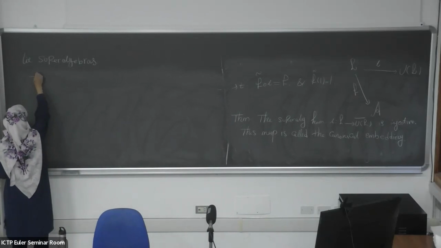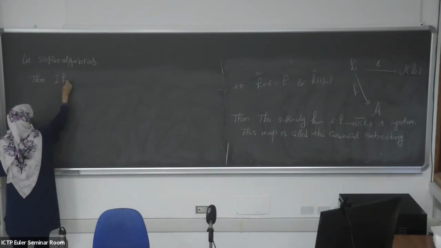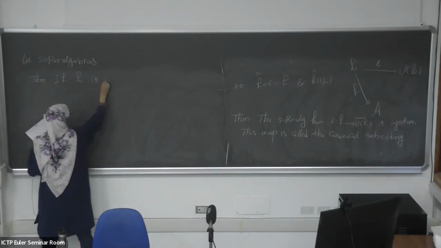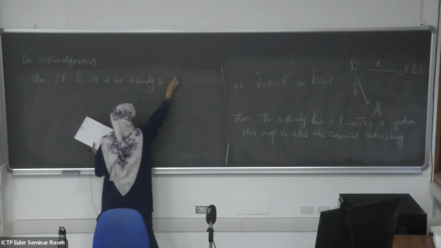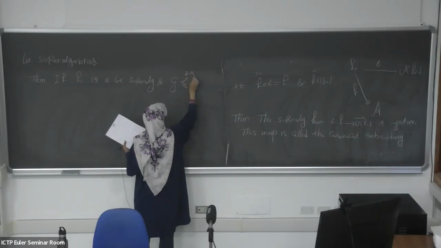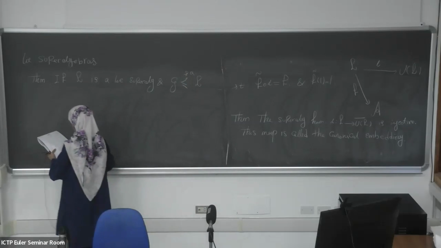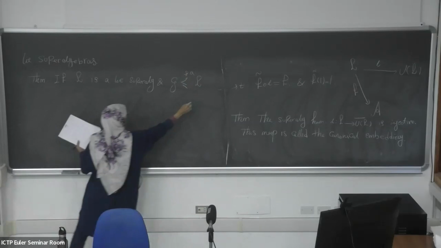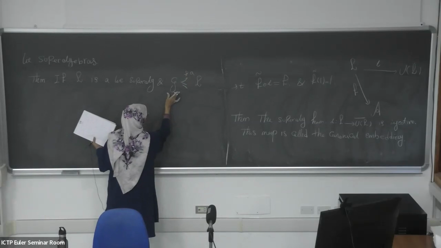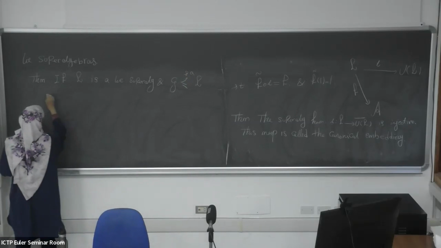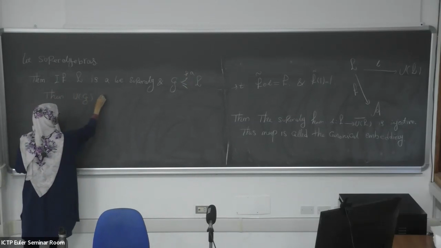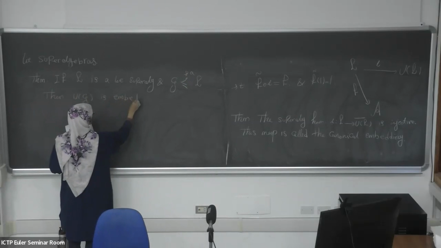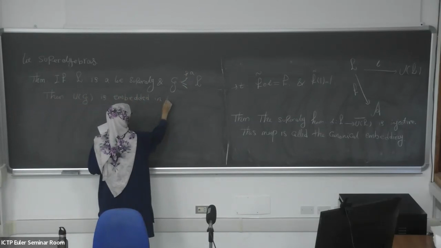And another theorem: if L is a weak superalgebra and G is a subalgebra of L, I use this notation for subalgebra, then we have UL and we have UG, then UG is embedded in UL.